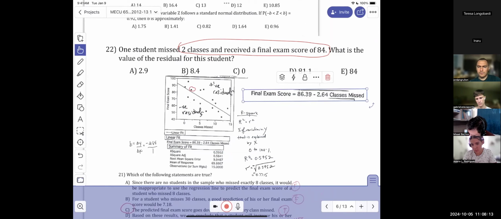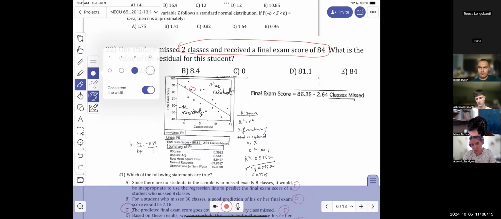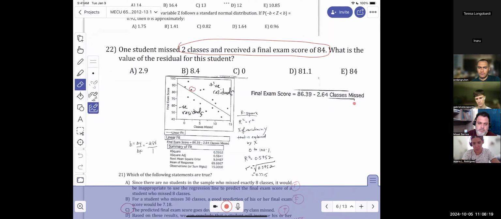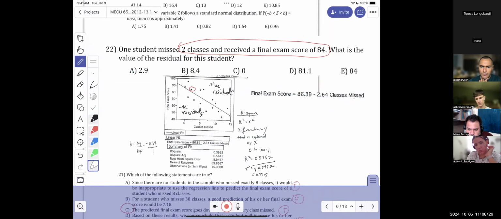Blow it up. Clean it up a bit. Okay, so let's use this equation.